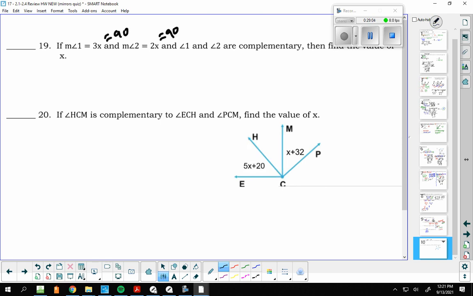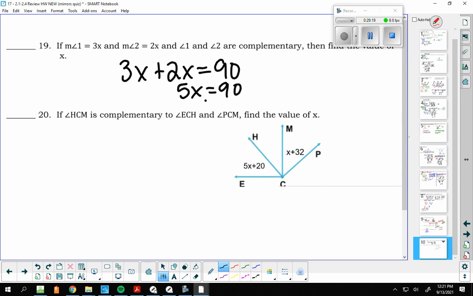Like that? No. They add up to 90. So 3x plus 2x equals 90. Again, I would give you half credit for even writing that. Then show me that you can solve it. So that's 5x equals 90, and 90 divided by 5 is 18. Yep, and they just asked me to find x, so we're good.